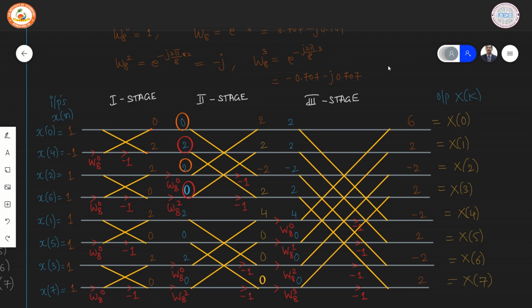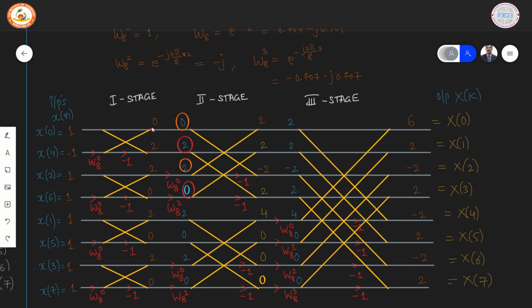So from the given input, very carefully you have to observe and copy down the respective inputs. Now, for the first stage, we know that in each butterfly, the lower arm is scaled by w8 to the power of 0. The value w8 to the power of 0 is 1, hence there is no need to perform any scaling here.